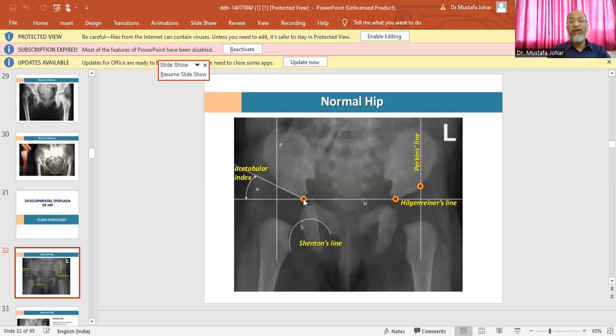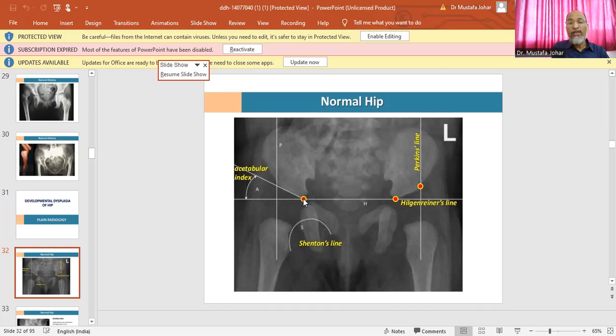The center of the triradiate cartilage is marked, and you draw a line joining it to the center of the triradiate cartilage of the other hip, and this is the Hilgenreiner line, and one perpendicular line to this cuts the anterior edge of the acetabulum, and this makes the four quadrants, that is the inferomedial quadrant, superomedial quadrant, superolateral quadrant, and inferolateral quadrant.